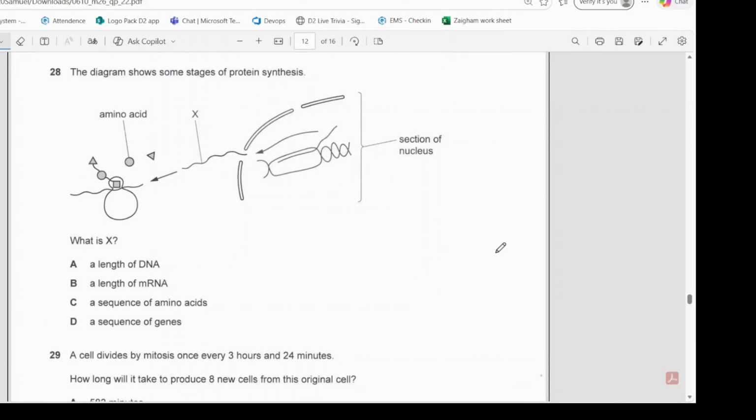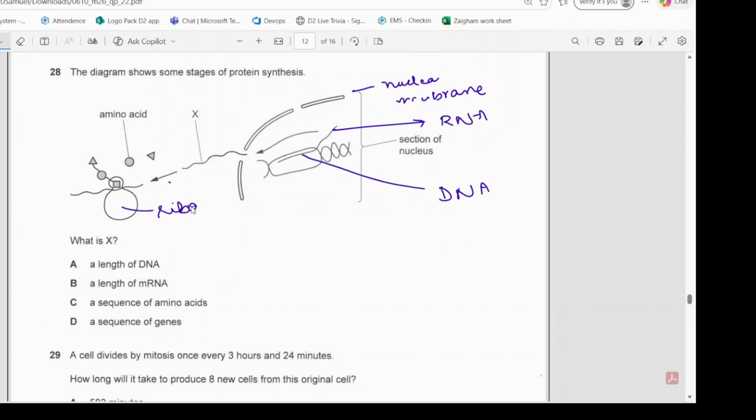What is this, by the way? This one is the nuclear membrane. This one is DNA. From DNA, RNA is formed. This RNA moves out of the nucleus and then attaches to the ribosome. So what is X? X is mRNA.